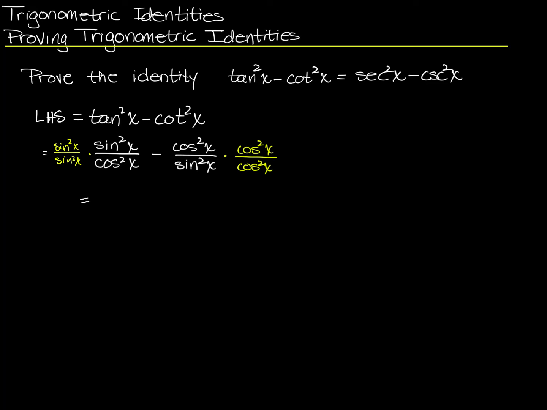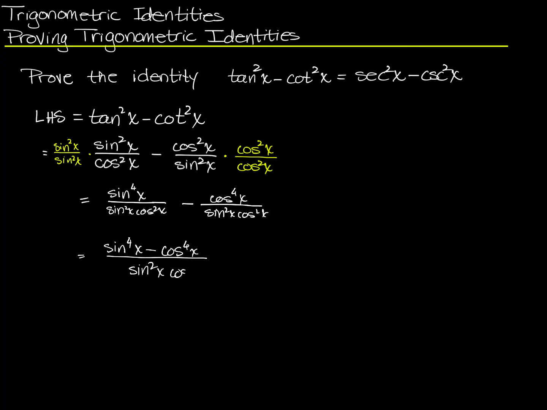That means that I have the sine to the power of 4 of x over sine squared cosine squared minus cosine to the power of 4 of x over the same denominator. That gives me the sine to the fourth of x minus cosine to the fourth of x all over sine squared x cosine squared x.